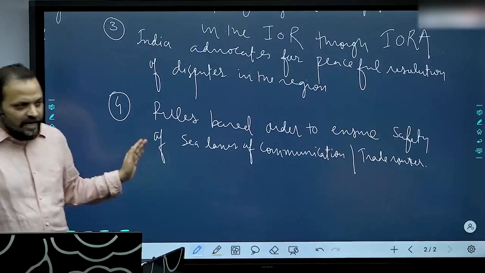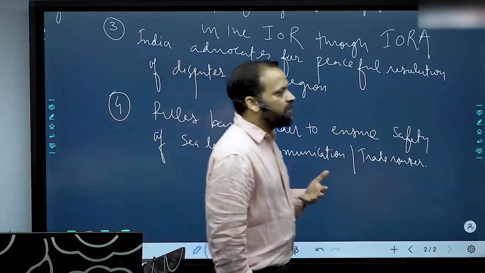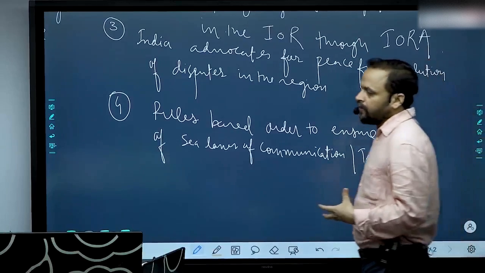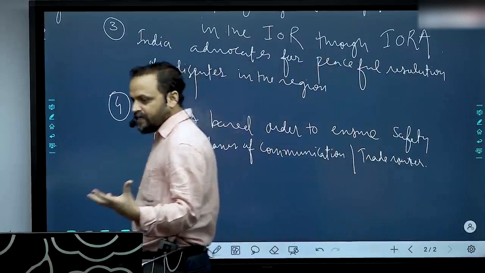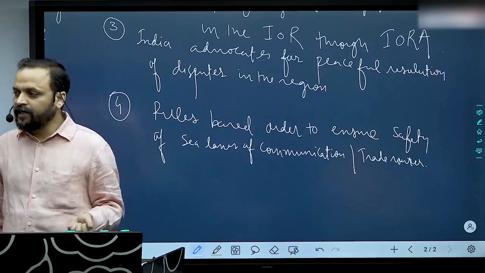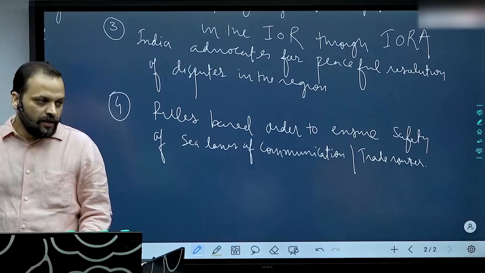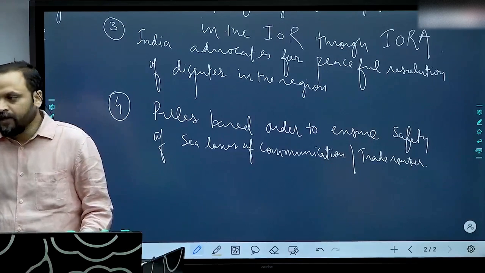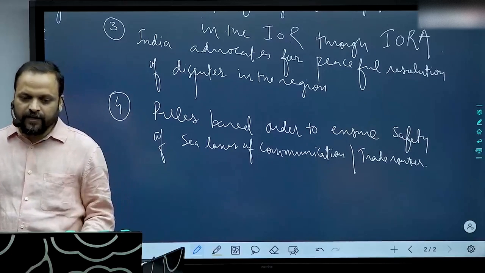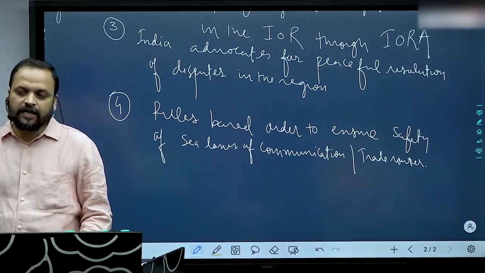So generally these last 2 points are more relevant in the context of what China is doing in the Indian Ocean region, or also we will see these are articulated as part of India's Indo-Pacific approach also. India in the Indo-Pacific argues for a rules-based order. So this is the best meaning, in a very simplified form, that we can make of the Sagar approach.